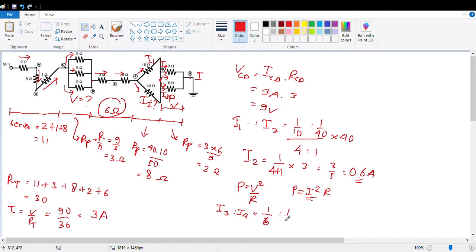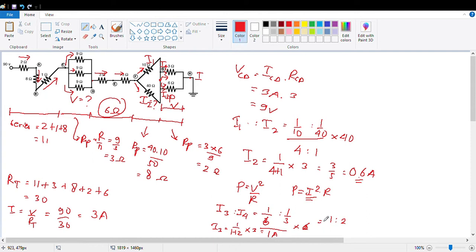So multiplying all by 6, I get 1 to 2. So the I3 will be 1 over 1 plus 2 times the total current, which is 3. So it becomes 1 ampere, right?